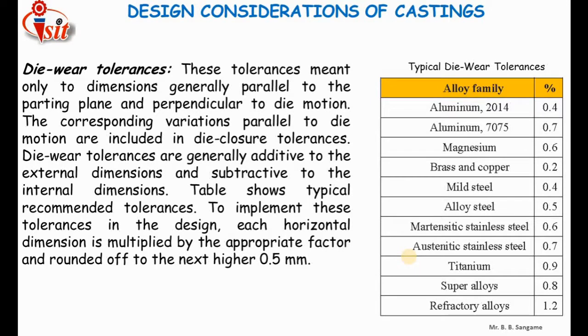The corresponding variations parallel to die motion are included in die closure tolerances. Die wear tolerances are generally additive to the external dimensions and subtractive to the internal dimensions. To implement these tolerances in the design, each horizontal dimension is multiplied by the appropriate factor and rounded off to the next higher 0.5 mm.